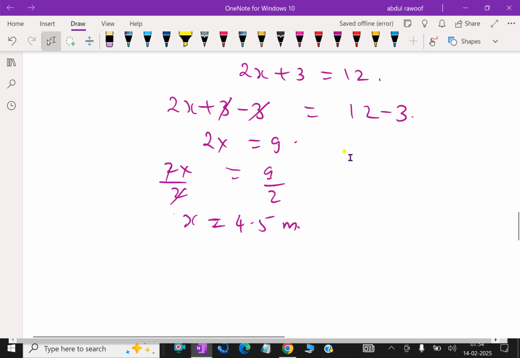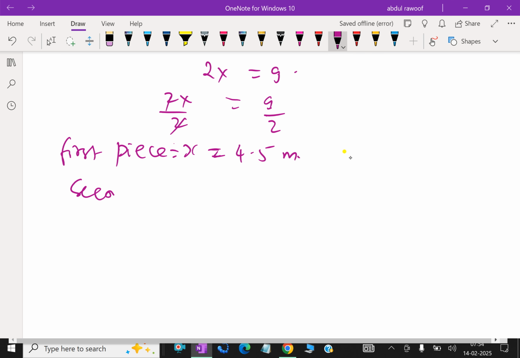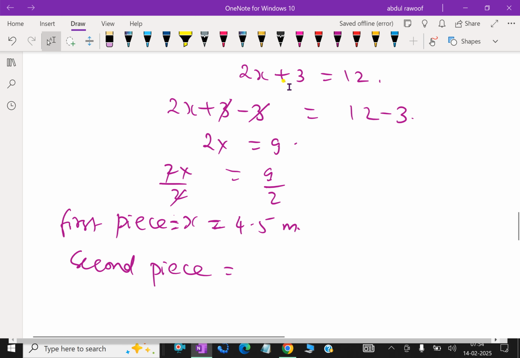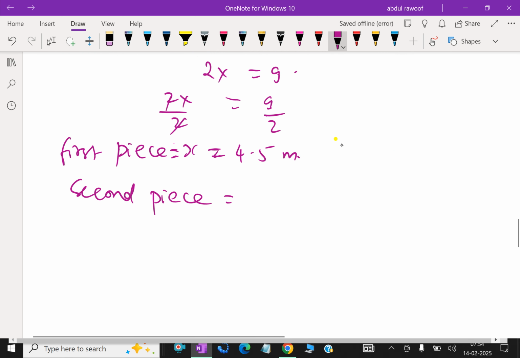The first piece length is 4.5 meters. The second piece length, it says how much more, that is 3 more, means x plus 3, that is 4.5 plus 3 equals 7.5 meters.